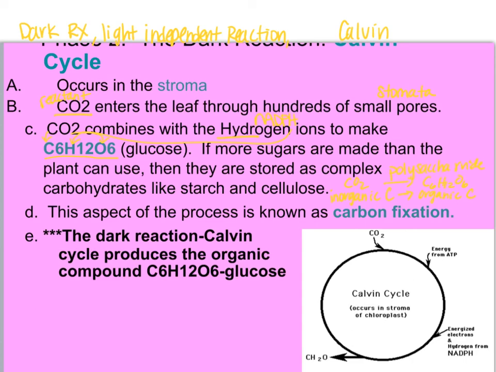So if you see Calvin, that means the reactant is going to be carbon dioxide, and the product is going to be glucose, C6H12O6. So Calvin goes with C's, your carbons. Now, water, which does not have carbon, light energy does not have carbon, and oxygen does not have carbon. Those go along with the light reaction.